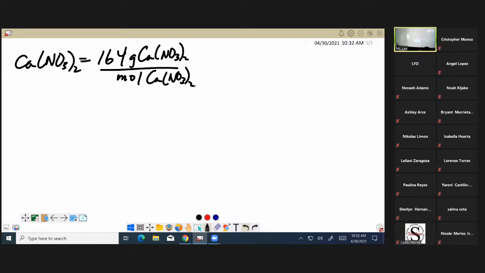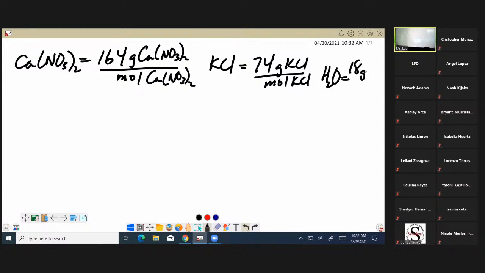We also had potassium chloride, and that was 39 and 35, so that was 74 grams of KCl per mole of KCl. And finally, we had water, H2O, and that was 18 grams of H2O for every mole of H2O. Okay, so those are the molar masses that we figured out for those three that we need.